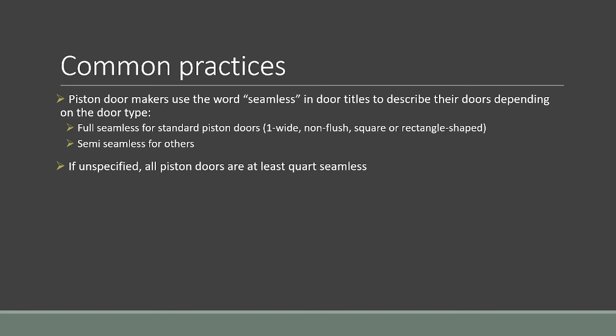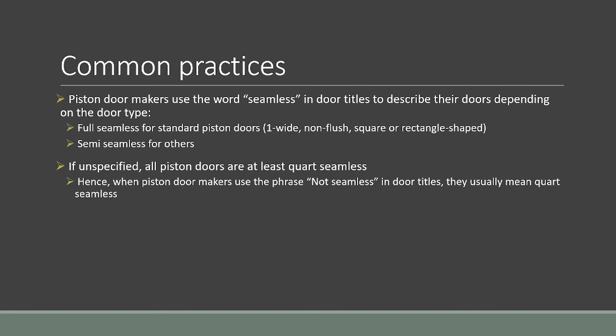And the second common practice is that if we do not specify, all piston doors are actually at least quartz seamless. You barely see any doors that cannot even satisfy the quartz seamless title. And this also has an implication. So when we use the phrase not seamless in door titles, we don't actually mean not seamless as in no seamless regulations.